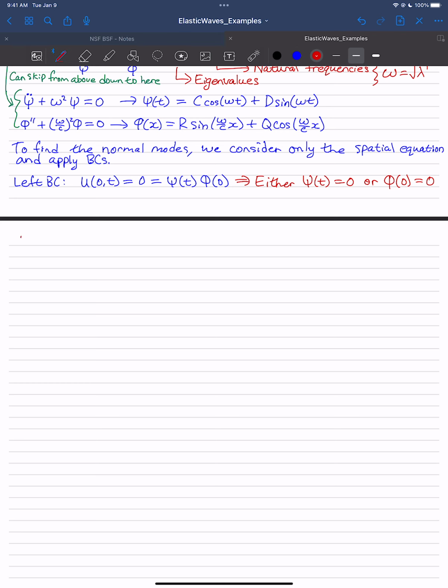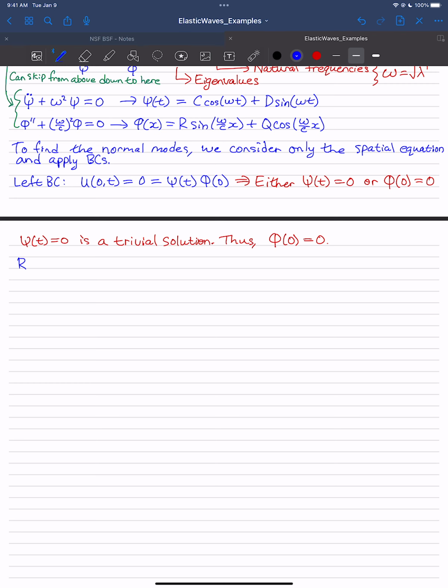Simply psi of t equal to 0 is a trivial solution. So it is a solution, but it's a trivial solution. Thus, we get that phi of 0 must be equal to 0. So that's our first boundary condition in terms of phi.